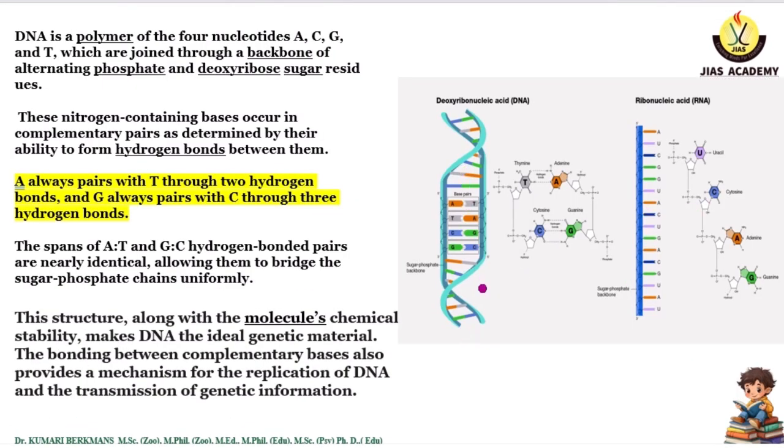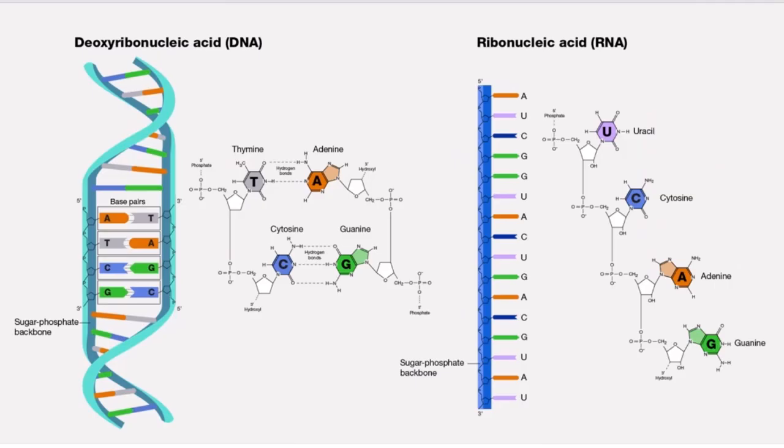So you can see very clearly here. This is the DNA, deoxyribonucleic acid, and this is the sugar phosphate backbone. And what you are seeing here is the base. This is adenine and thymine, thymine, adenine, cytosine, guanine, guanine and cytosine.